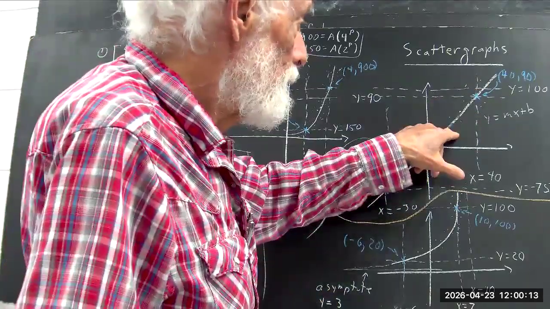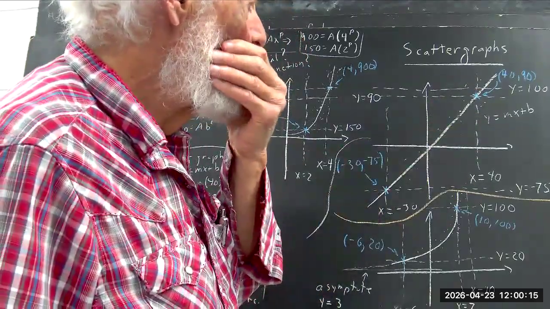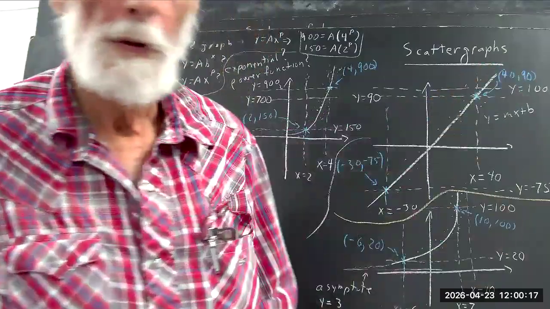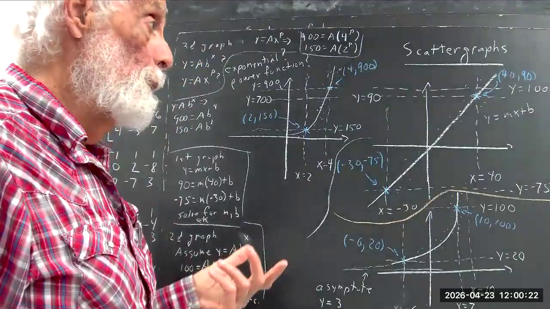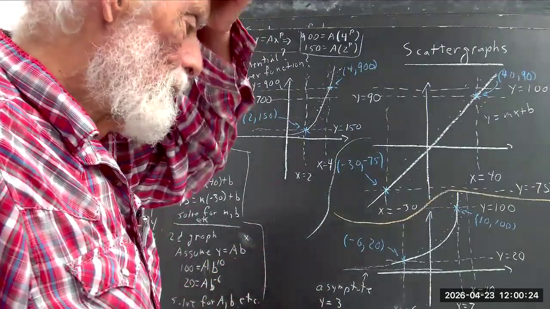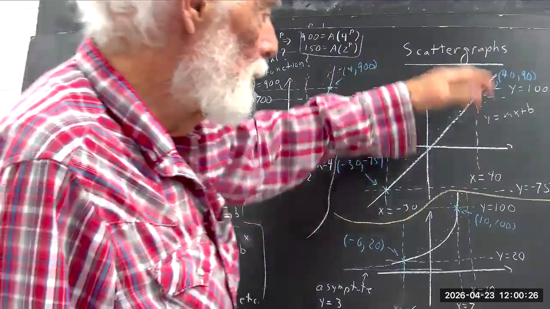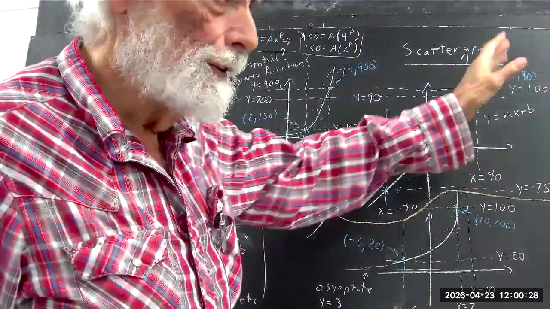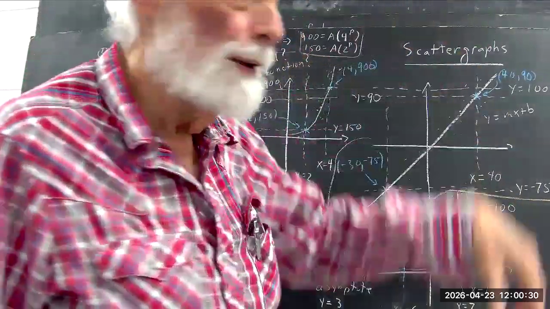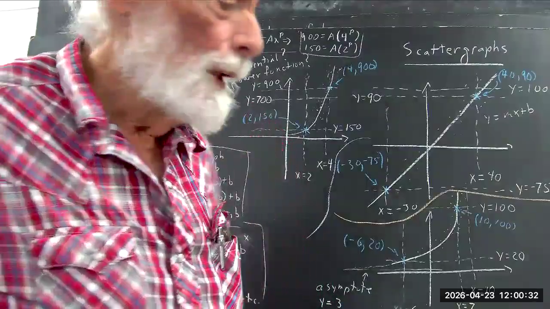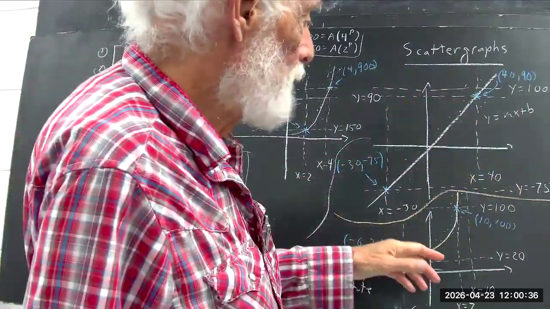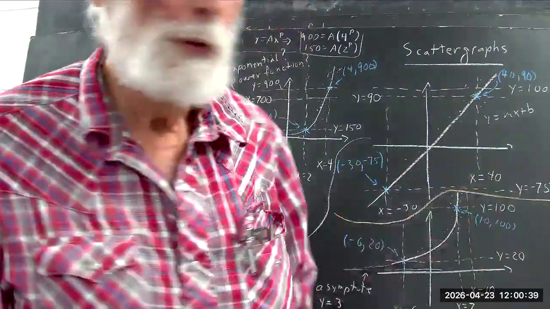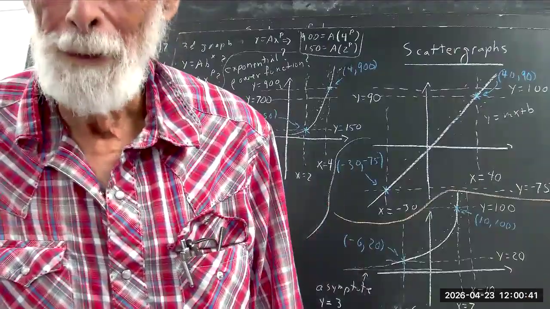So maybe we want to find the equation of that straight line. Well, it's easy to find the equation of that straight line if we've got a scale. Now, when I first drew this, I didn't have a scale. I didn't say X is 40 here and Y is 90 here. I just arbitrarily drew a vertical line away from the Y-axis and called it X equals 40. Could have called it anything.